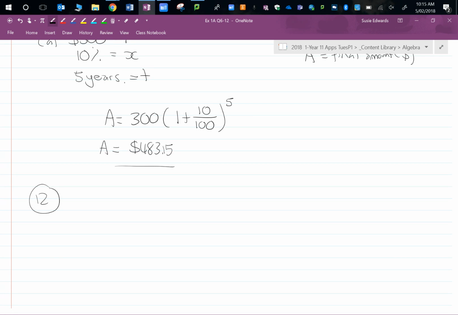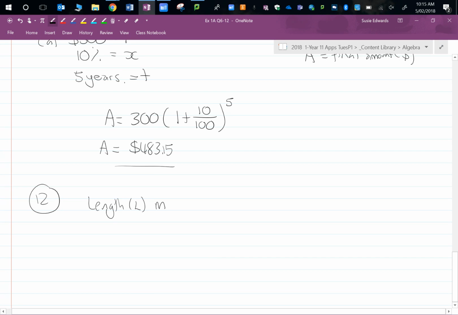So question 12 says that a pendulum of a clock shown on the right performs 1 cycle as it swings from A to B and back to A again. The time taken for a pendulum of length L, so L means length, L metres.